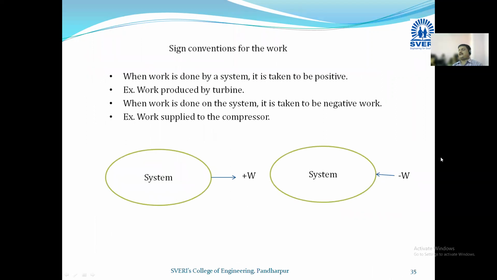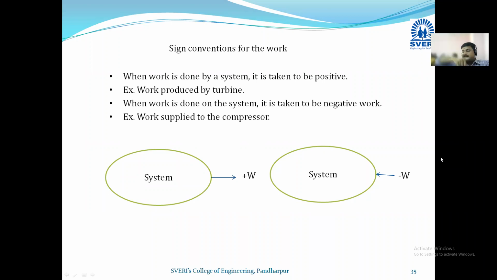Now, here, whatever sign convention you have studied hence before, that sign convention you will have to forget now. 12वी पर्यंत तुम्ही जे काही साइन कन्व्हेन्शन शिकलेले आहात ते बाजूला ठेवा. As an engineering point of view, you will have to know that when work is performed by the system, that work is considered as the positive work.